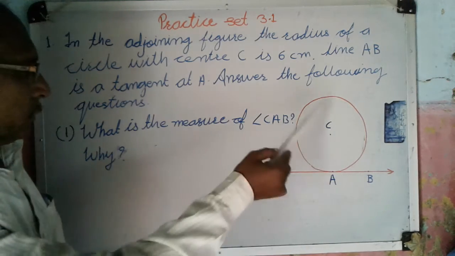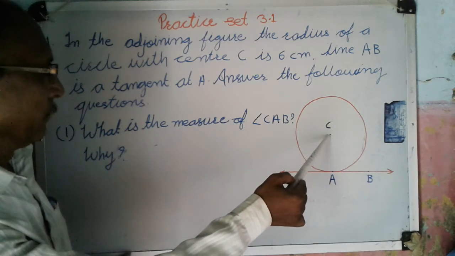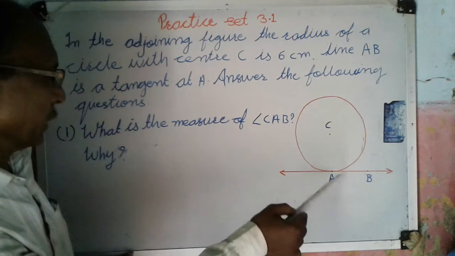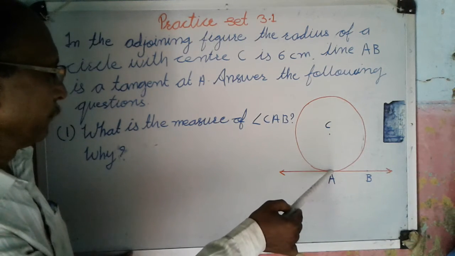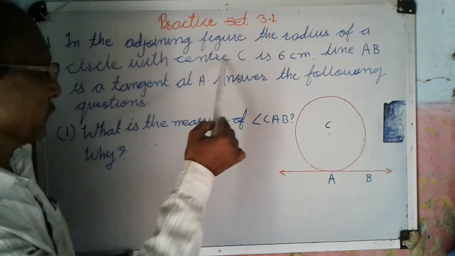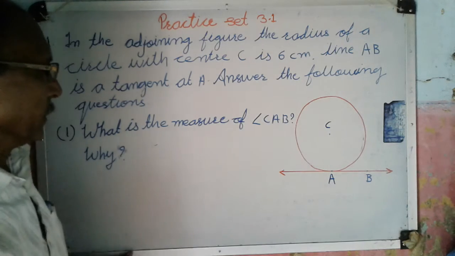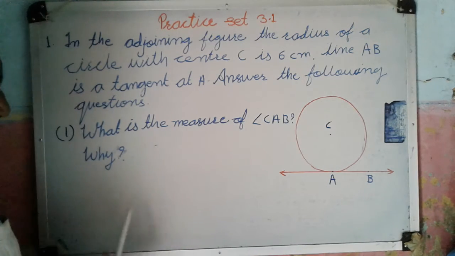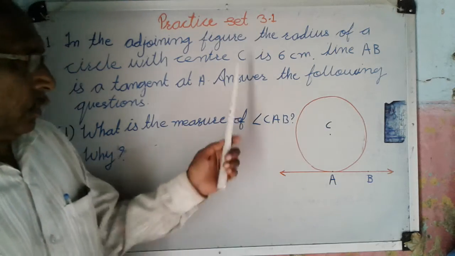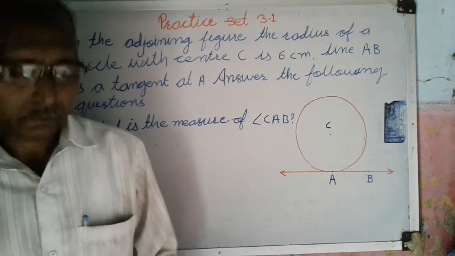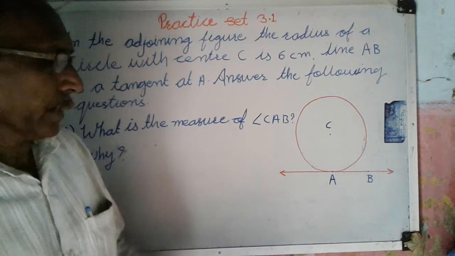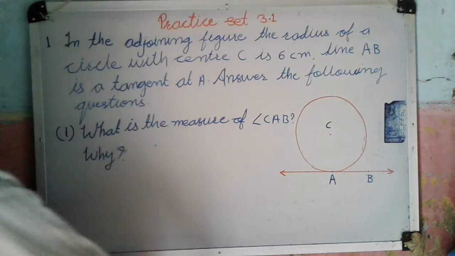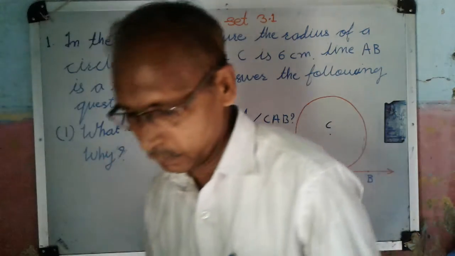Now here, circle with center C. AB is the tangent to the circle at point A. And radius of the circle is 6 centimeter. So, using this information and according to figure, you have to answer the questions.